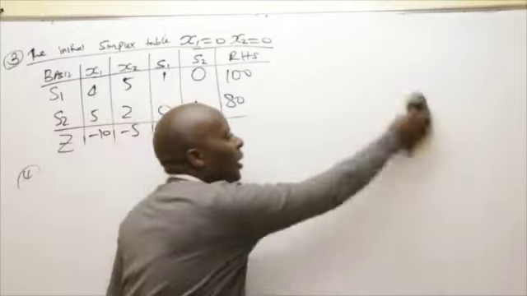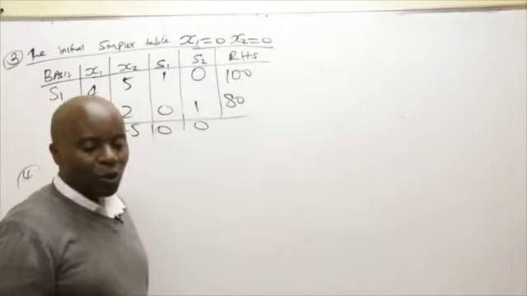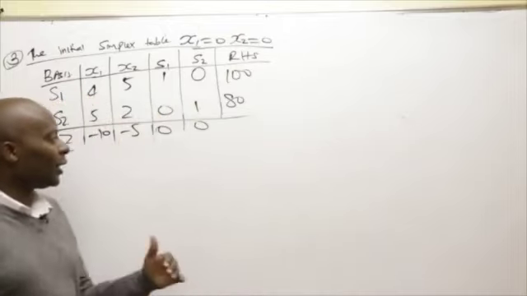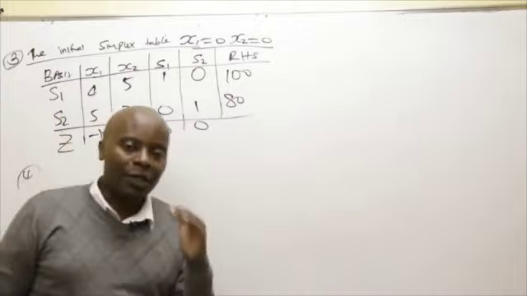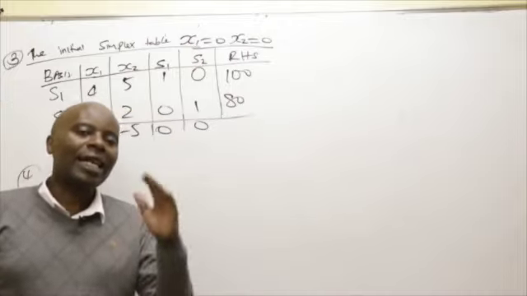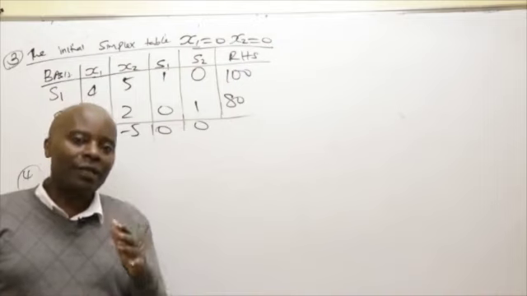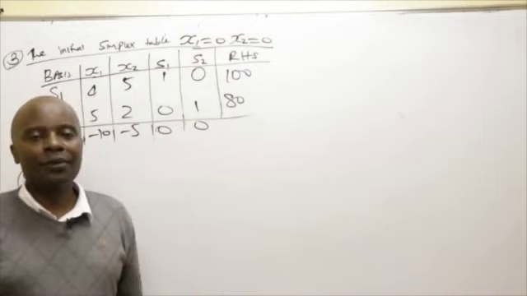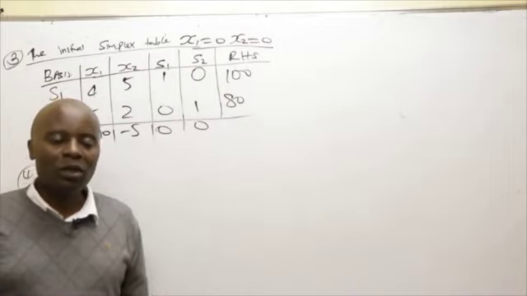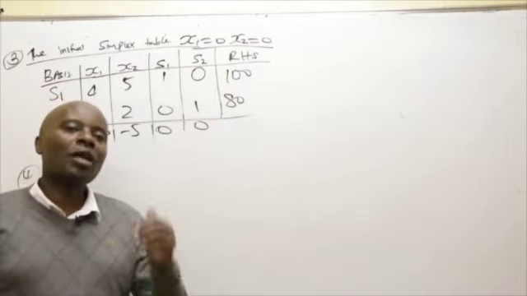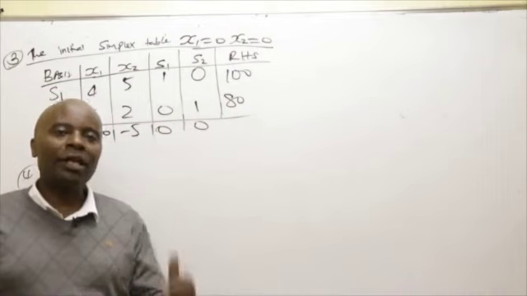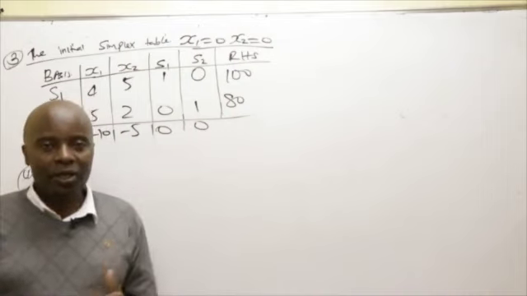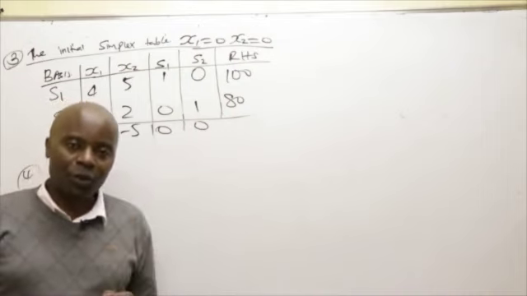So we say the table above is not optimal. We're writing there: the table above is not optimal since it has negative Z values.